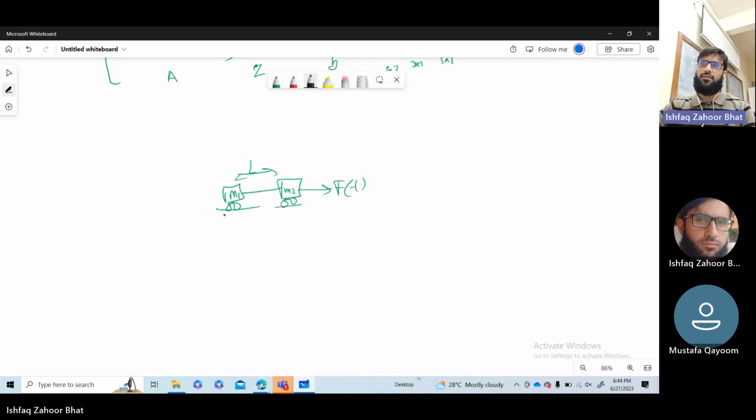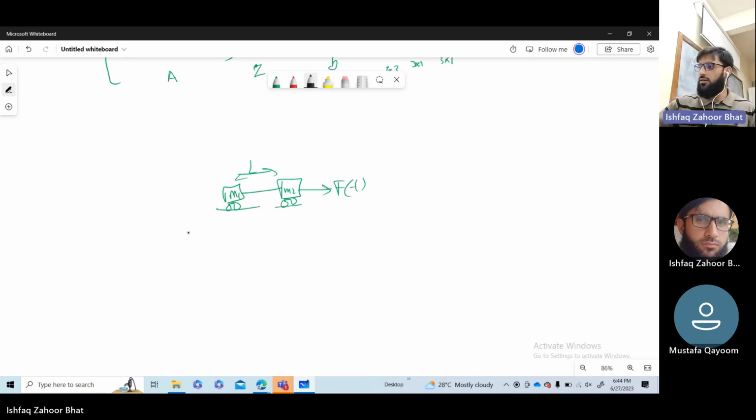Is there any other way we can solve this problem? I told you there is no such law which can tell you the constraint force, like we have laws for gravitational attraction, the force between two charges, drag force, and other forces. We don't have a constitutive law for this constraint force.